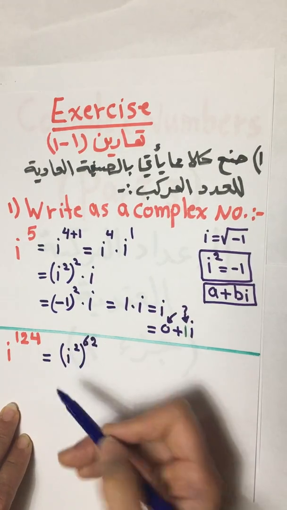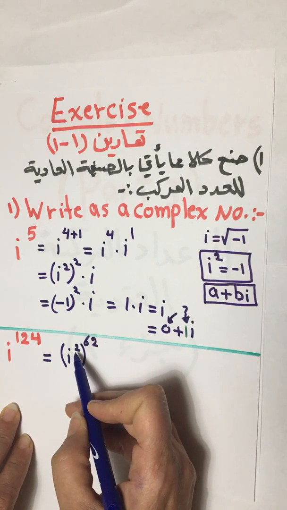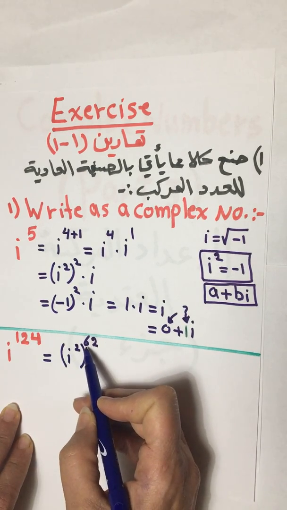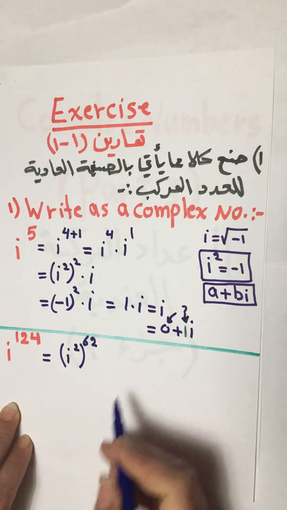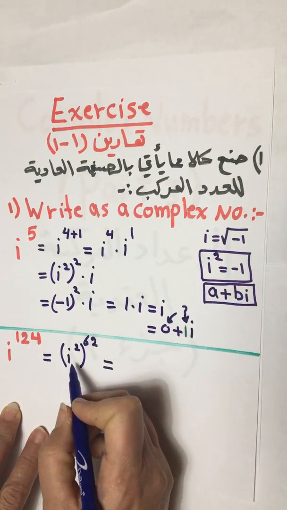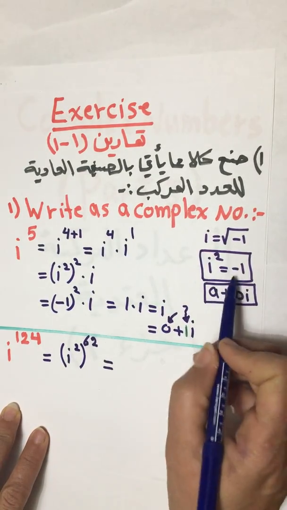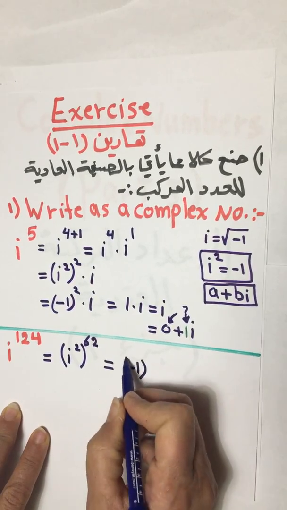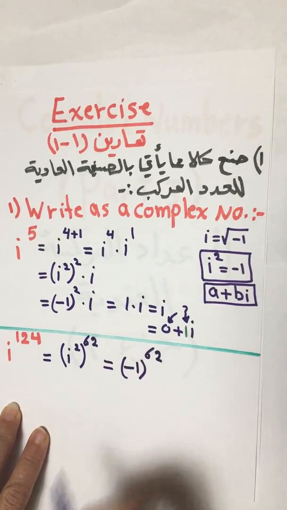I squared equals -1, so this is -1 to the power 62.